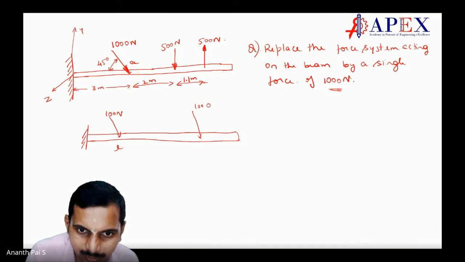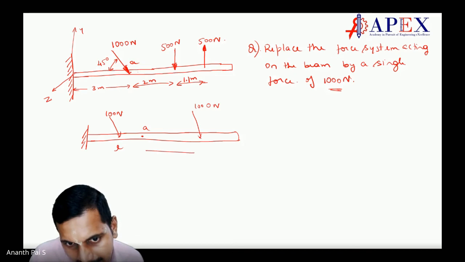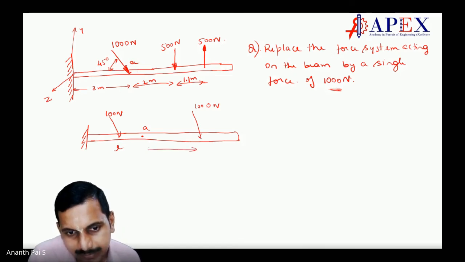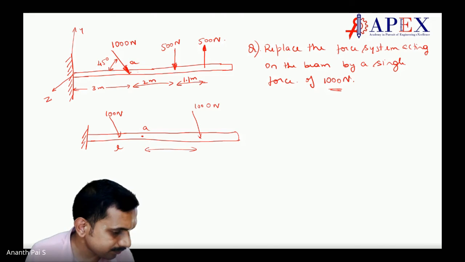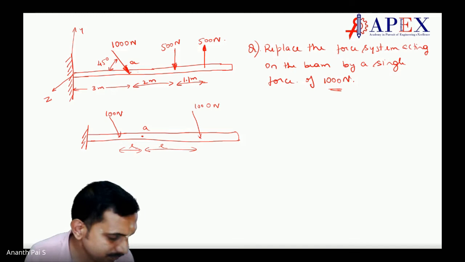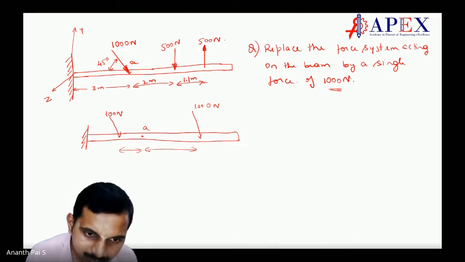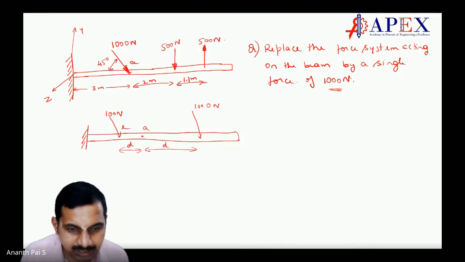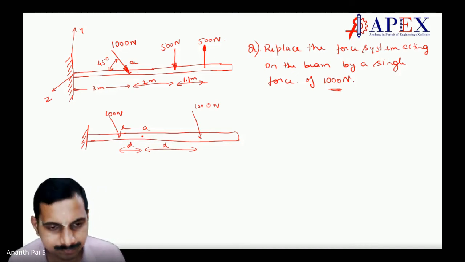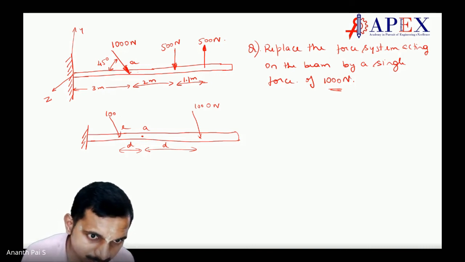What you have to find out is the distance between A and this particular equivalent force being acted. Whatever the distance is, we can say E or D. Okay, we will use D. You have to find what is D, this side or that side, anywhere. But the direction of the force should be the same, 1000 Newtons.